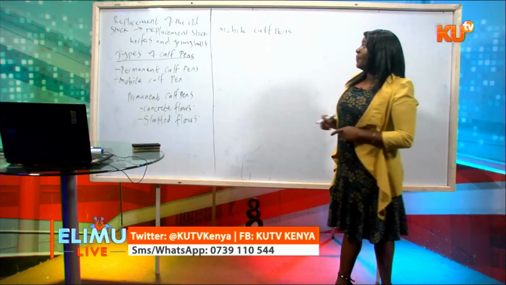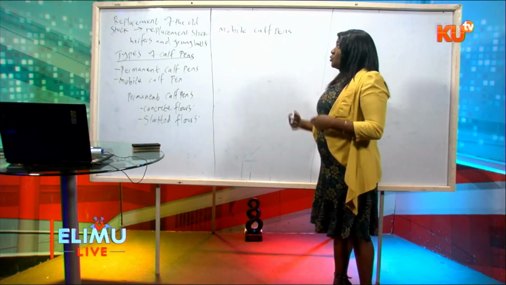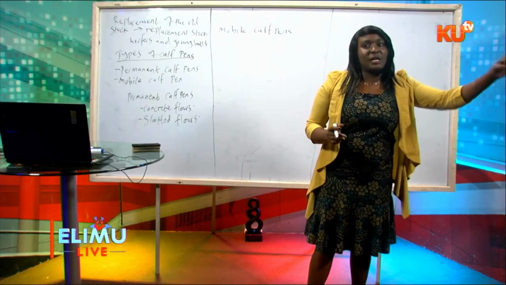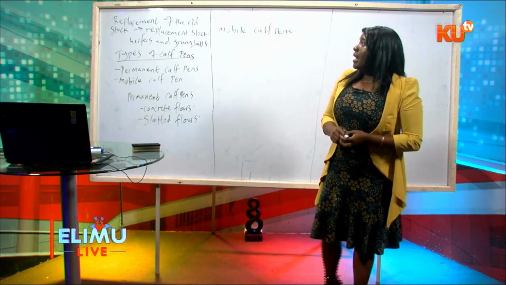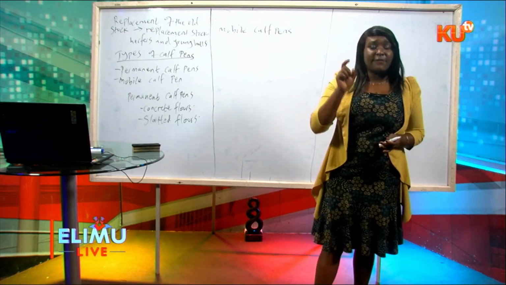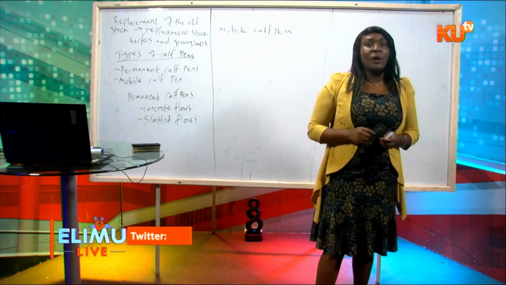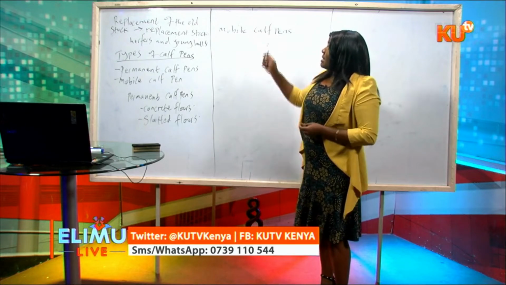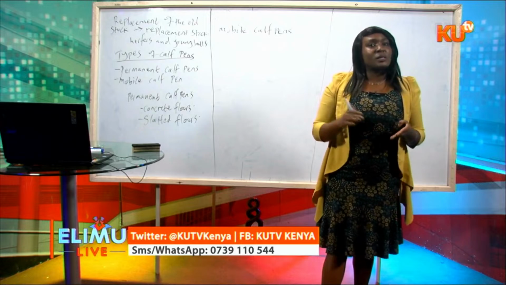dear learner, these ones can easily be moved even after 2 days. Where you had placed it, you move it, and of course you move together with the calf so that you get fresh pastures. Because the calf is feeding on the pastures that are growing on the ground, you realize that the floor of that calf pen is not covered.